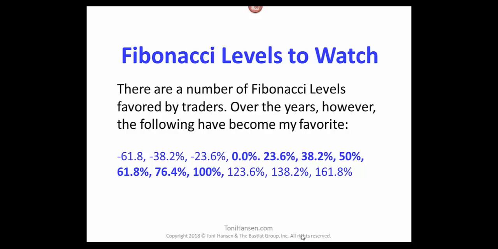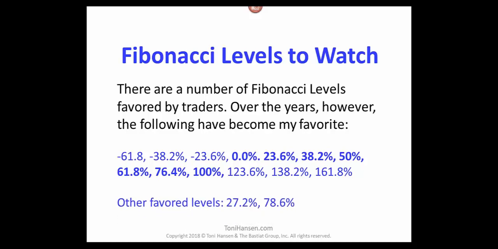And with most Fibonacci tools, you can also use the plus and negative levels, so things like negative 23.6 or positive 123.6. These are often used with retracement and extension levels, and they're combined with other visual cues such as momentum. And we're going to get there in just a few minutes.